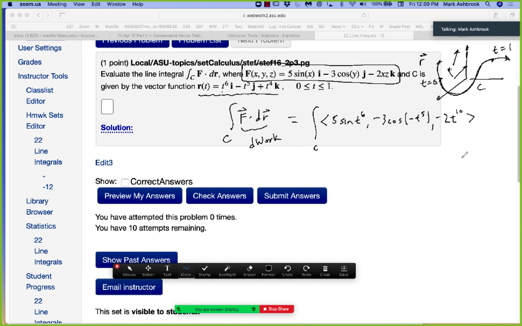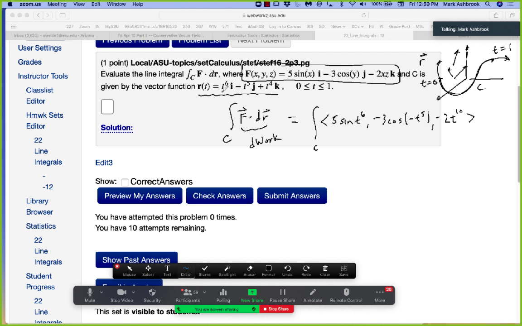So how are we? Are we good so far? That's the force field, or the vector field, but written in terms of t, which is x, y, and z. And then dot dr. So dr will be the rate of change times dt.